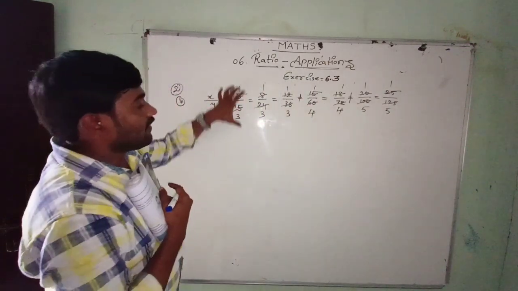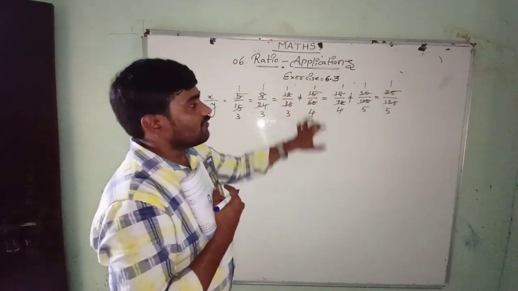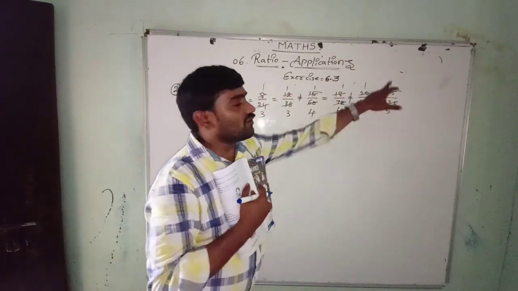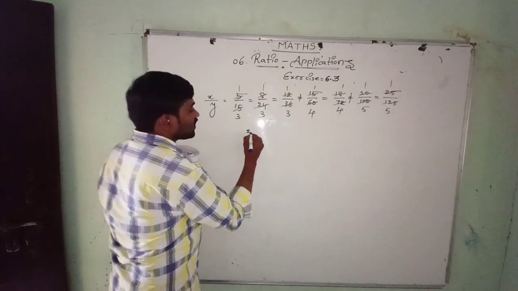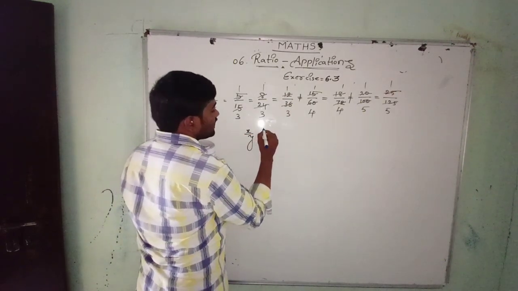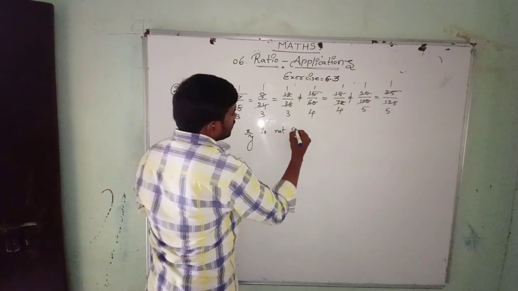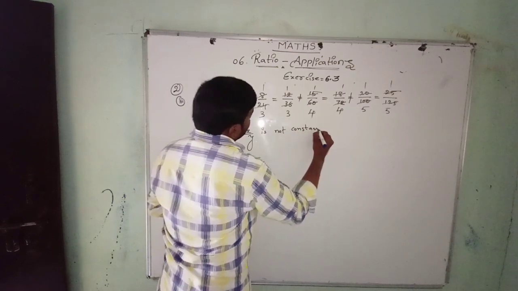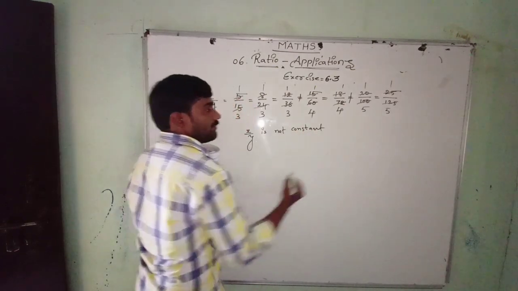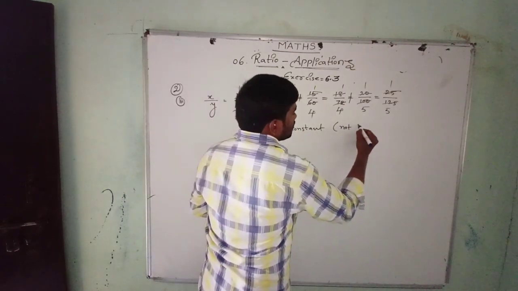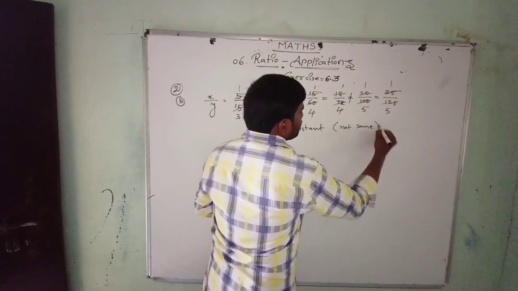So ఇక్కడ 1 by 3, 1 by 3, 1 by 3, 1 by 4, 1 by 4, 1 by 5, 1 by 5. So x by y is constant here? No, x by y is not constant. అంటే సేమ్ గా లేదు, నాట్ సేమ్ అని రాయొచ్చు. Not same.